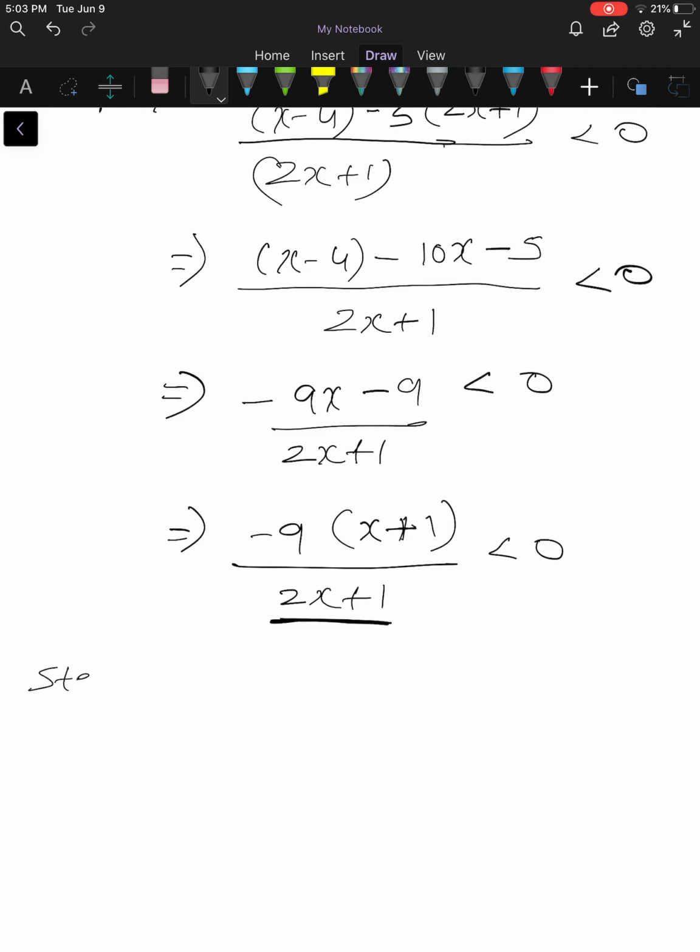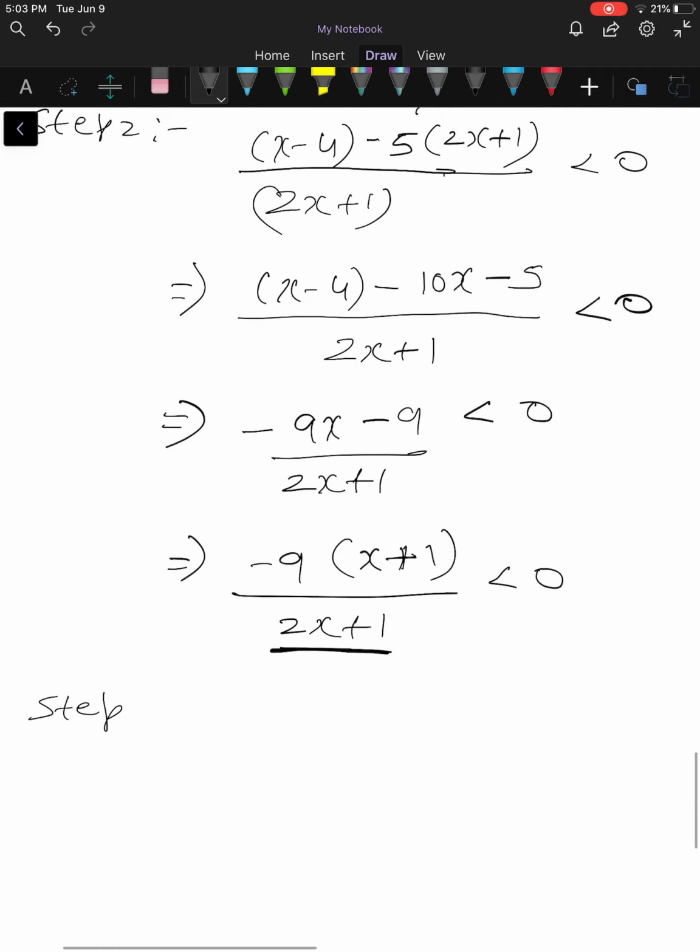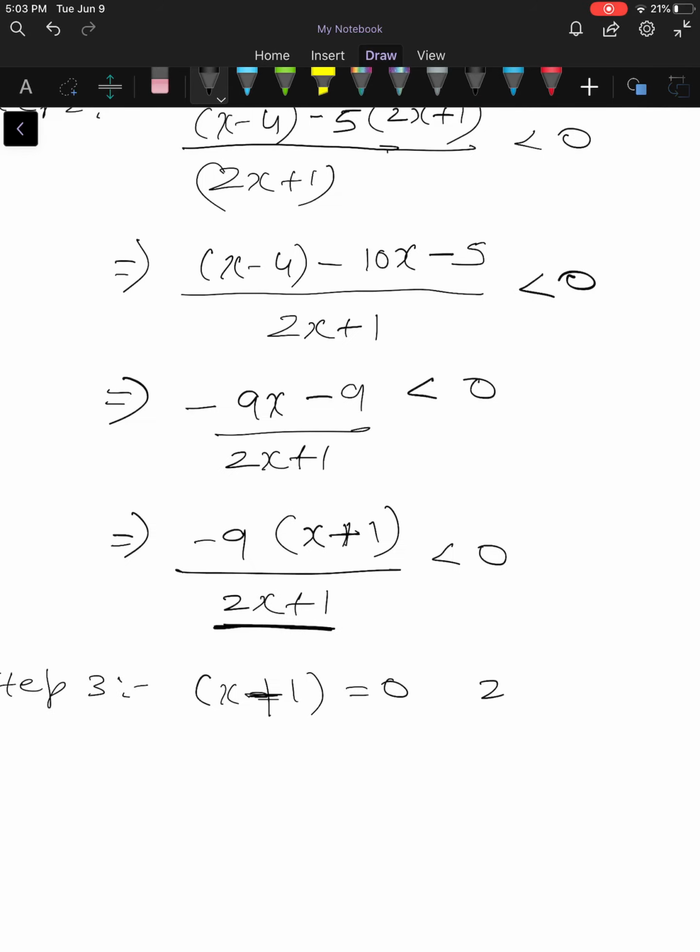So now, step 3 would be to equate all the factors to 0 and find out the points which satisfy the equation. So x plus 1 has to be 0 means x has to be negative 1. 2x plus 1 has to be 0 implies 2x should be negative 1.